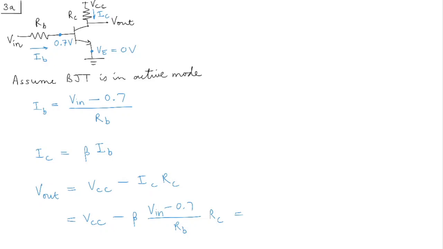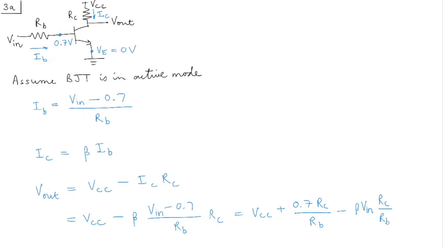And so this turns out to be V in plus 0.7 RC divided by RB minus beta V in times RC over RB, right?